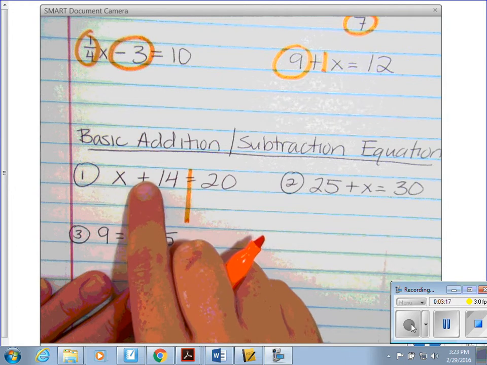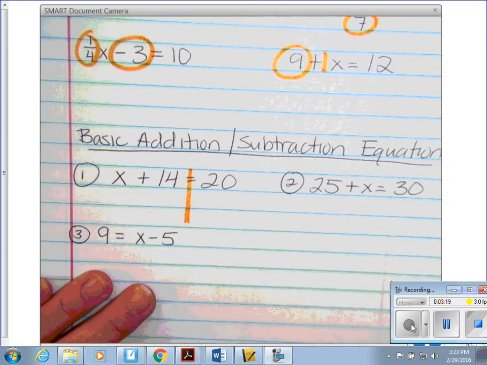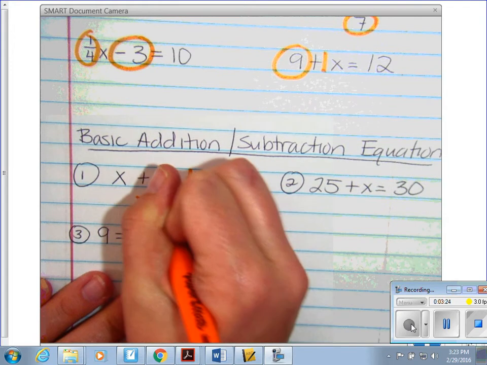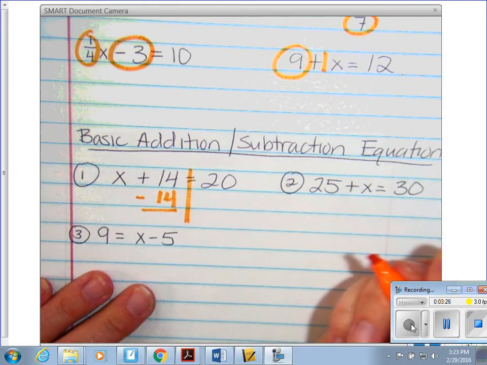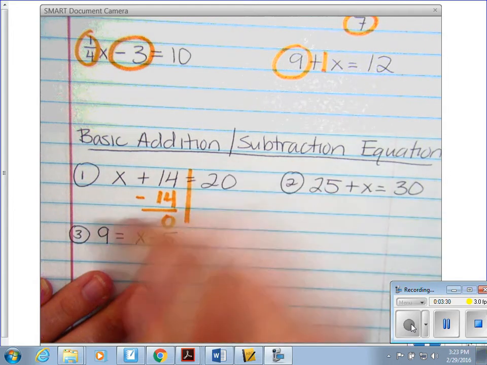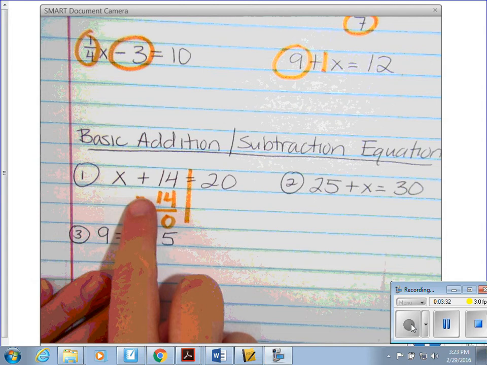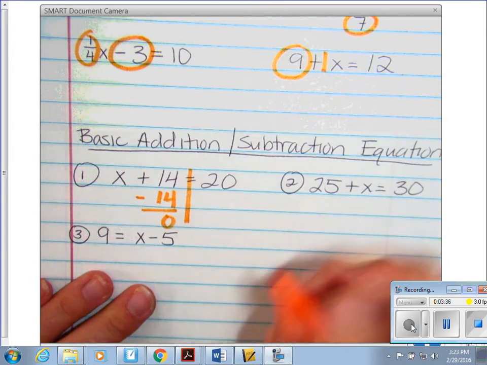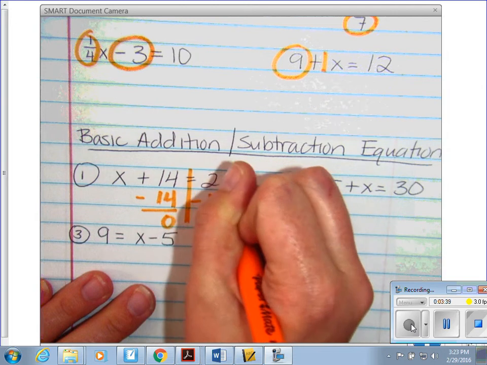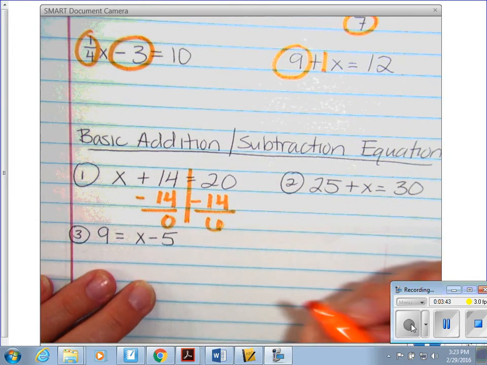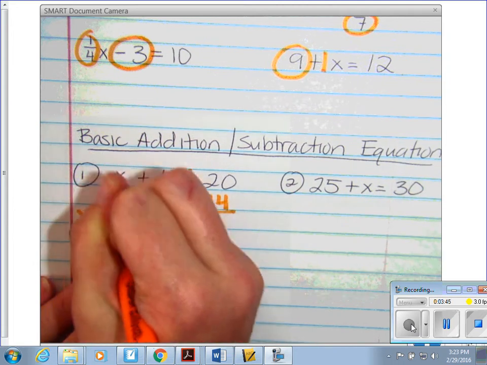So how do I undo a positive 14? Well, to undo that, we're going to use the opposite operation and subtract 14. 14 minus 14 gives me 0. Likewise, if I take weight off of this side of my equation, or if I subtract on this side, I need to subtract on this side as well. So I need to subtract 14, and we get 6. I guess I didn't give myself enough room, but x equals 6.